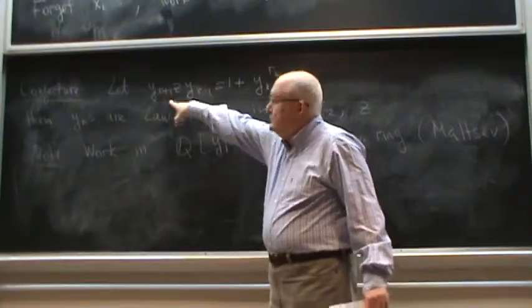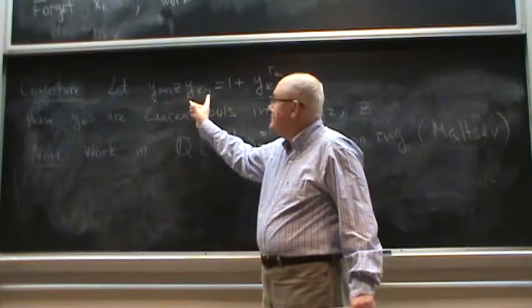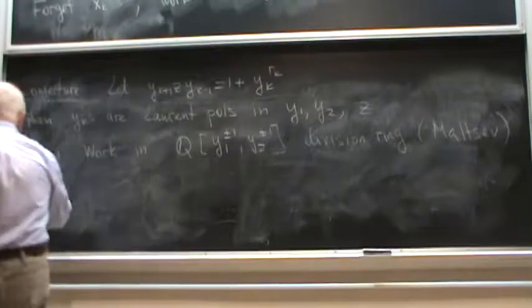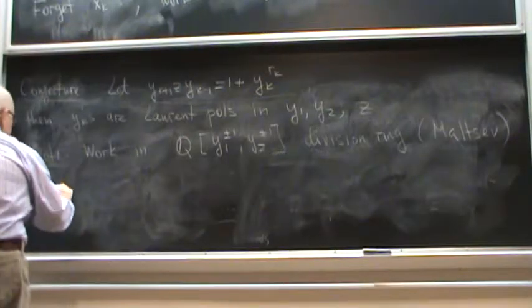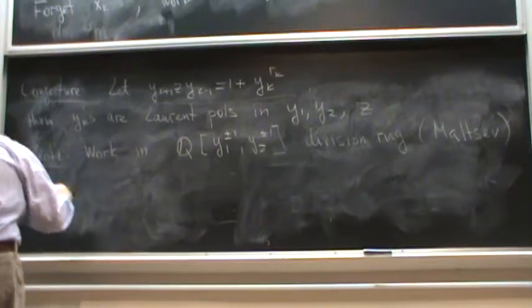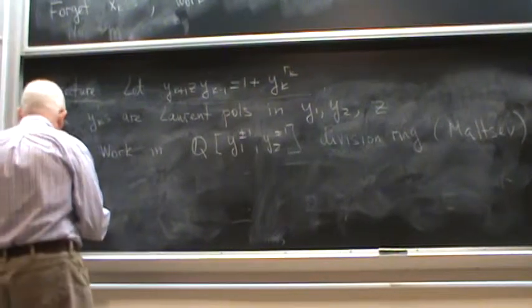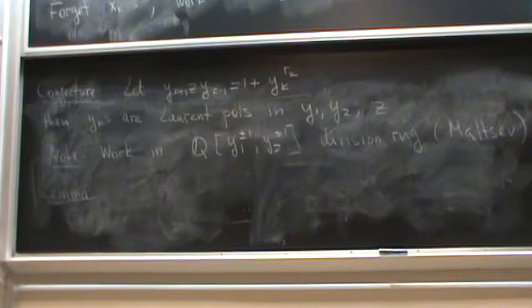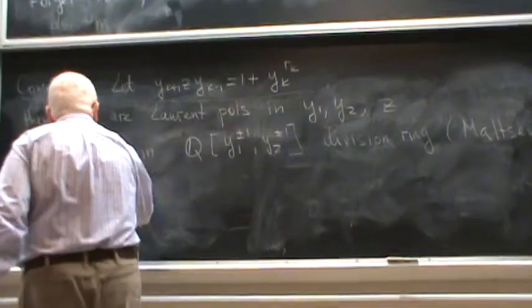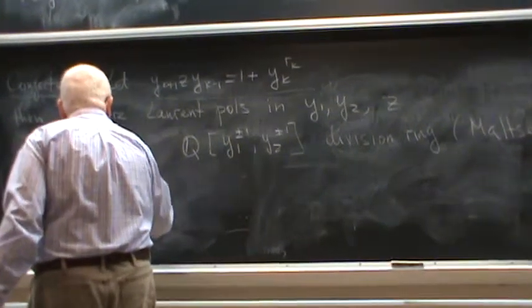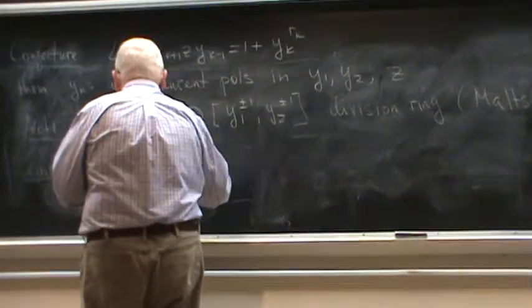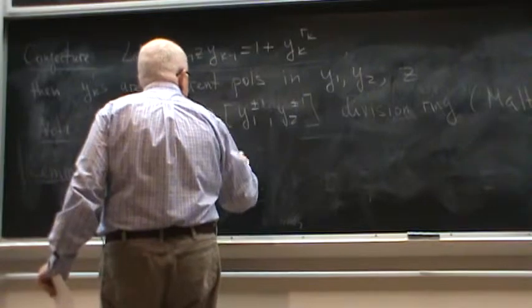Now I would like to exchange yk minus 1 with this one. And a lemma, which is actually very simple, says that I have yk plus 1 z yk equals yk plus 1.